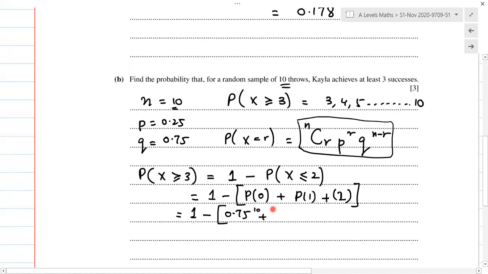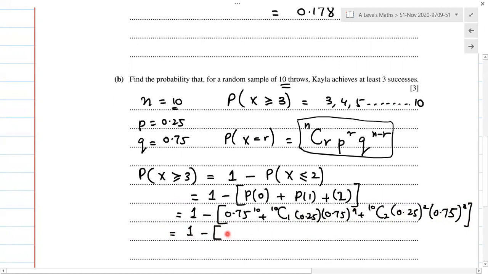So the probability of 1 will be 10C1, 0.25 and 0.75 to the power of 9, plus 10C2, 0.25 to the power of 2, and 0.75 to the power of 8. That's going to give us 1 minus all of these probabilities.